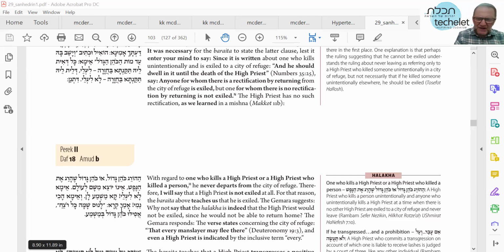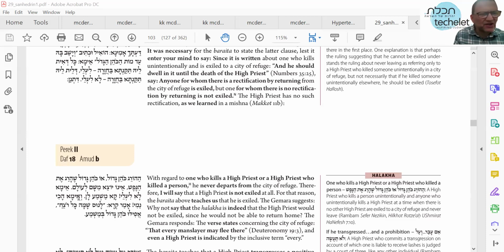So let's just finish this Gemarah before we finish today. So wait a minute, says the Gemarah. I don't need you to give me this Mishnah to tell me that a Kohen Gadol can be exiled. You're telling me I might think, because he can't ever be released, I might think he's not sent there in the first place.